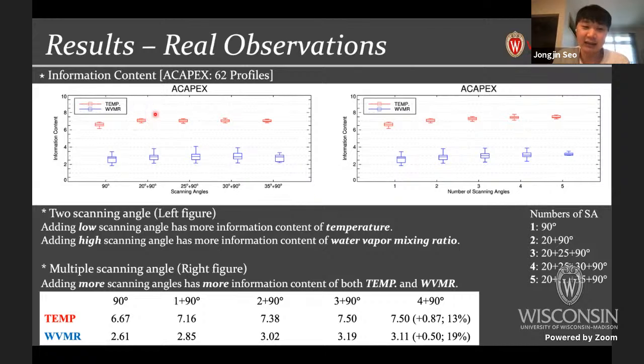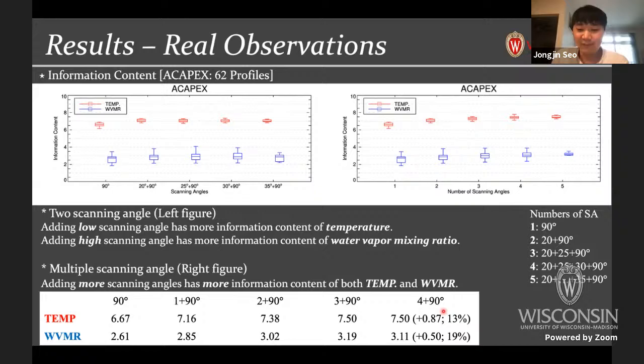Adding low scanning angles has more information content of temperature, and adding high scanning angles has more information content of water vapor mixing ratio. And also at the multiple scanning angle test, we can see that adding more scanning angles has more information content of both temperature and water vapor mixing ratio.